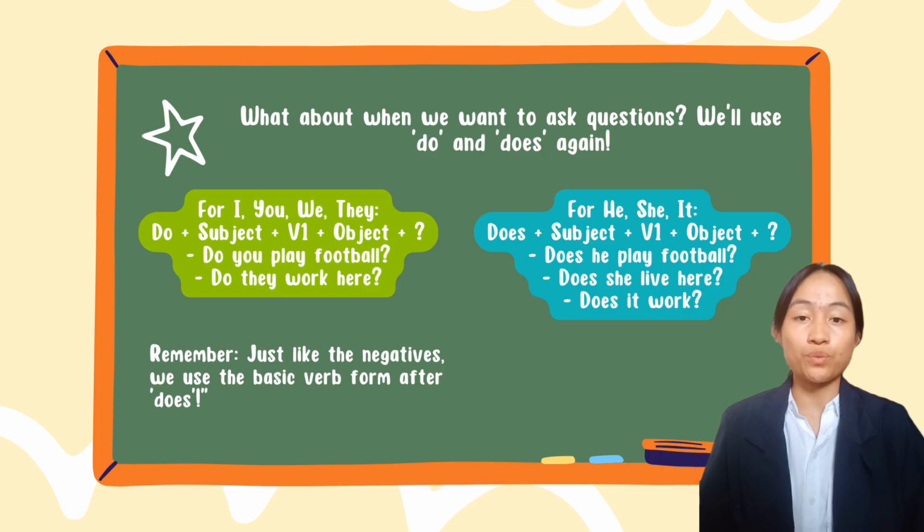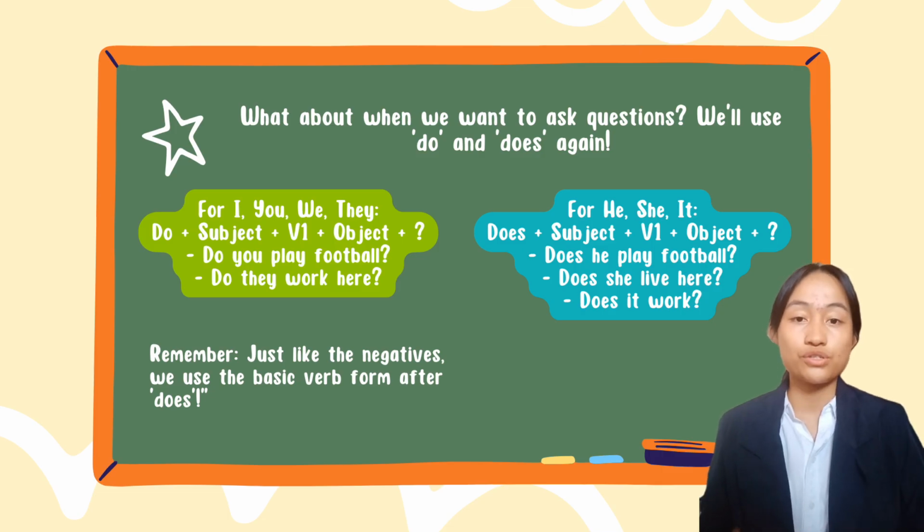What about when we want to ask questions? We will use do and does again. For I, you, we, they, the formula is do plus subject plus verb 1 plus object. For example, do you play football? Do they work here?